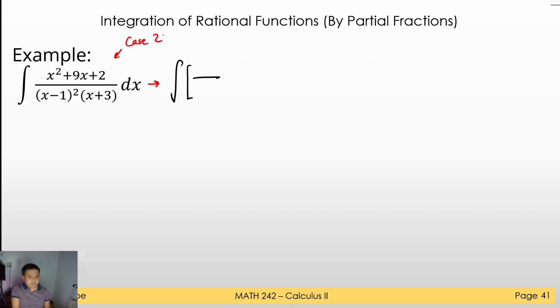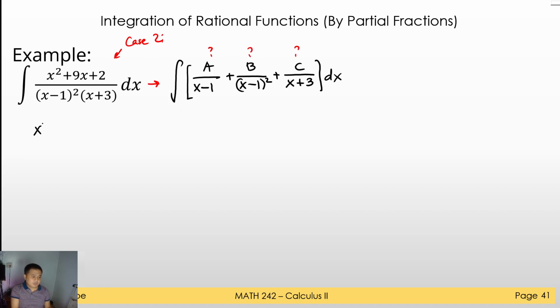This is a repetition with x minus 1, so we have to take into account x minus 1 and x minus 1 squared. And then for the third factor, which is x plus 3, this will be just a, this will be b, and this will be c, and then dx. So basically, we want to solve for a, b, and c.